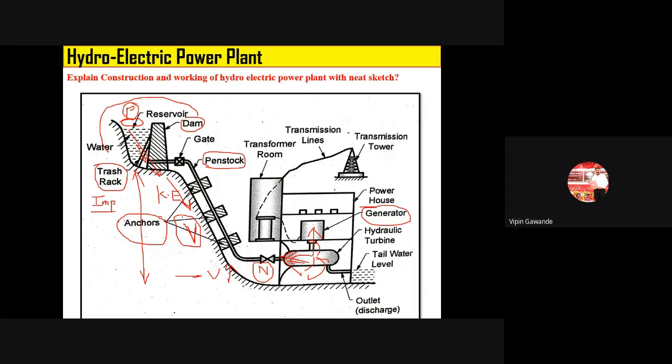So this is the conversion of energies. Once the electricity is generated, it is transferred to the load using the transmission lines. So this is the working of your hydroelectric power plant.